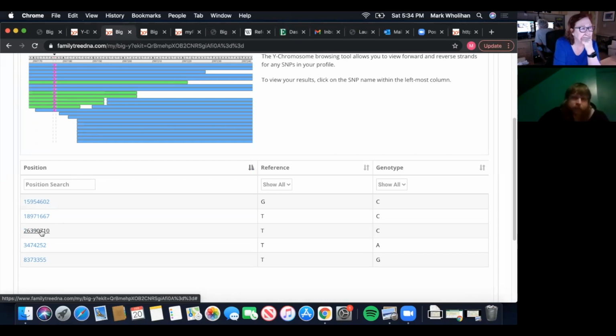On average, mutations occur every other generation. So this could be your great great great grandpa, and this could be your great great great great great great grandpa. But I mean, this could be your grandpa, and this could be your great grandpa, and this could be your great great grandpa.